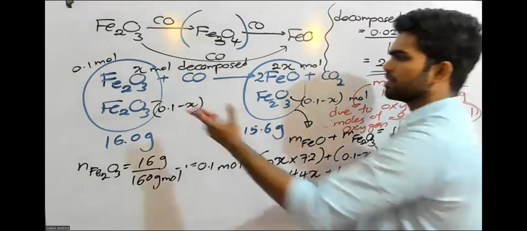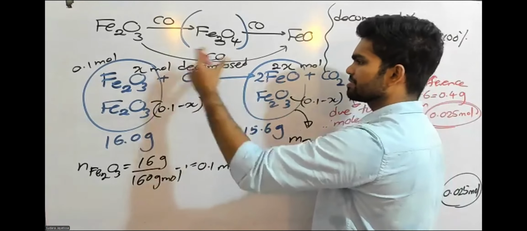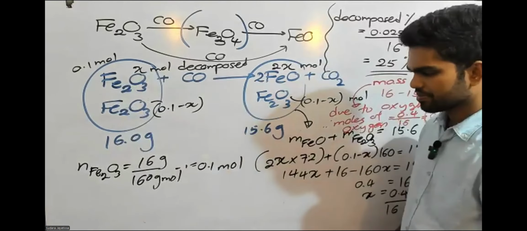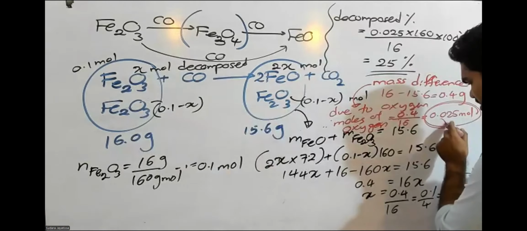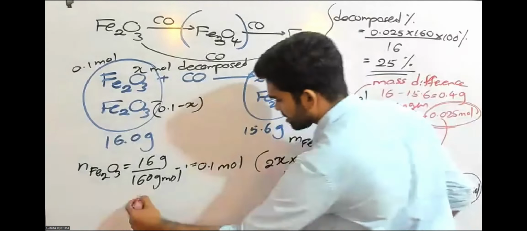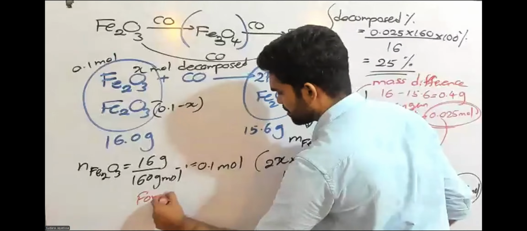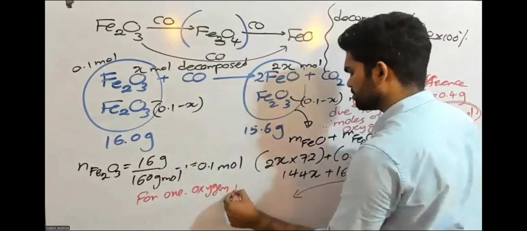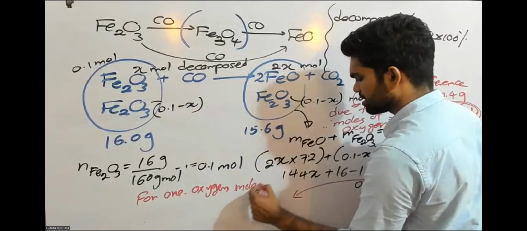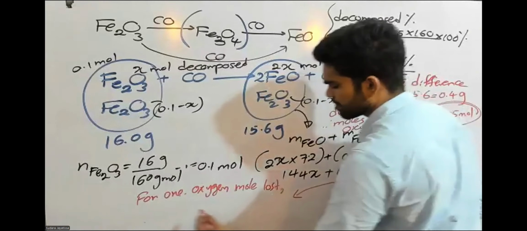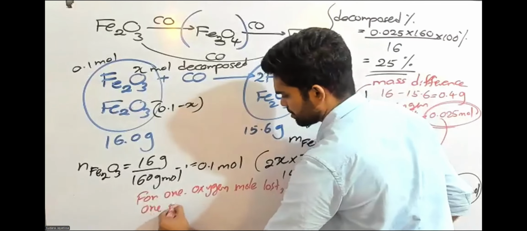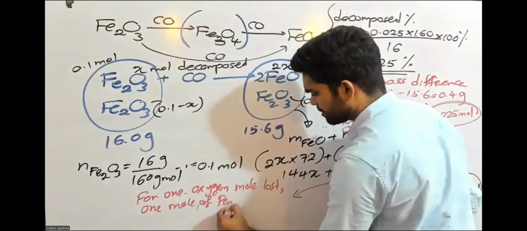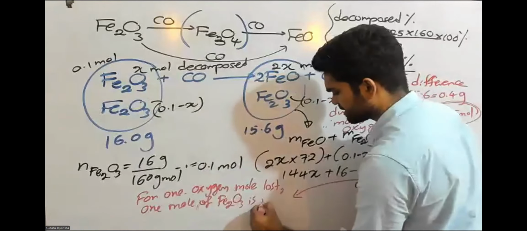Now if one oxygen is removed, that means one Fe2O3 is decomposed. So you can write that here. For one mole of oxygen atoms lost, 1 mole of Fe2O3 is reacted.